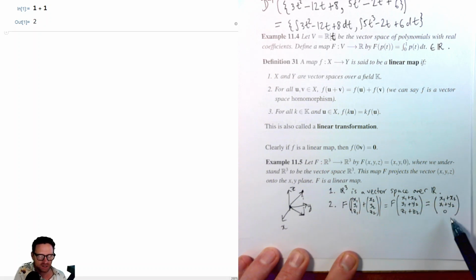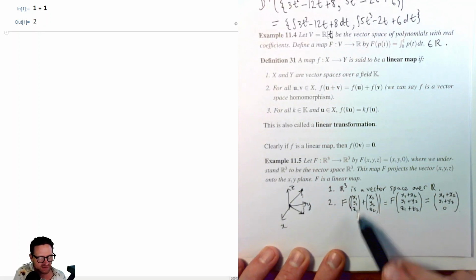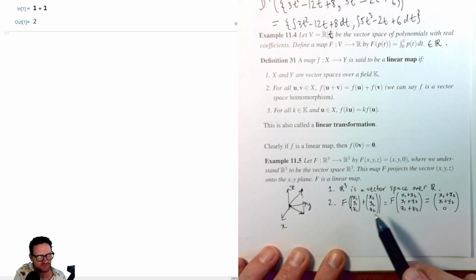Okay, so we've now applied the map. So let's check whether this is the same as f of x1, y1, z1 plus f of x2, y2, z2.